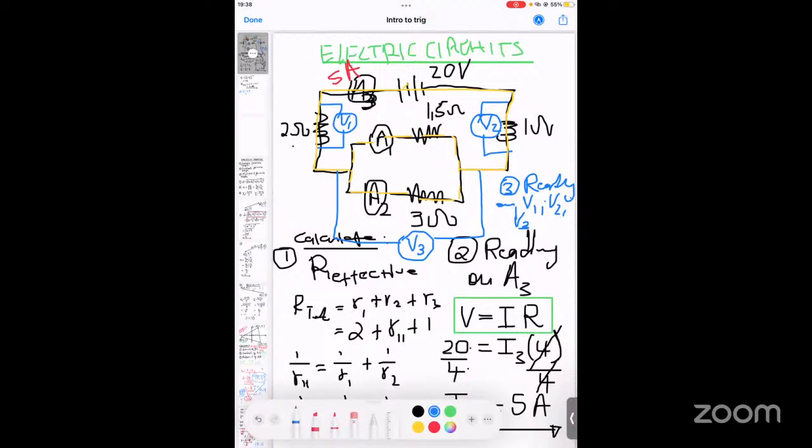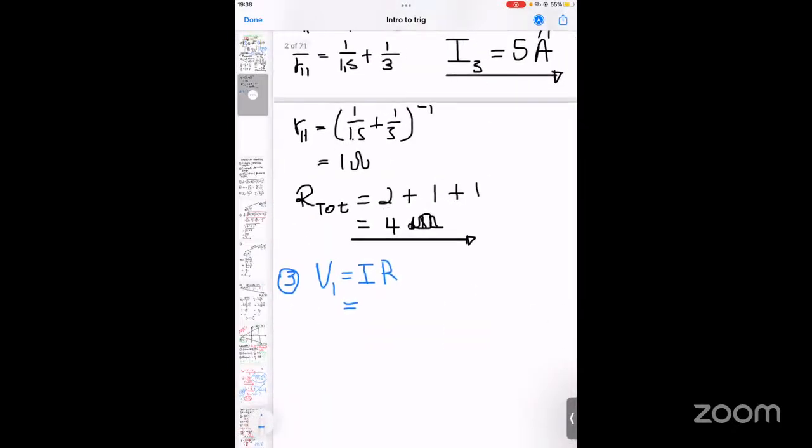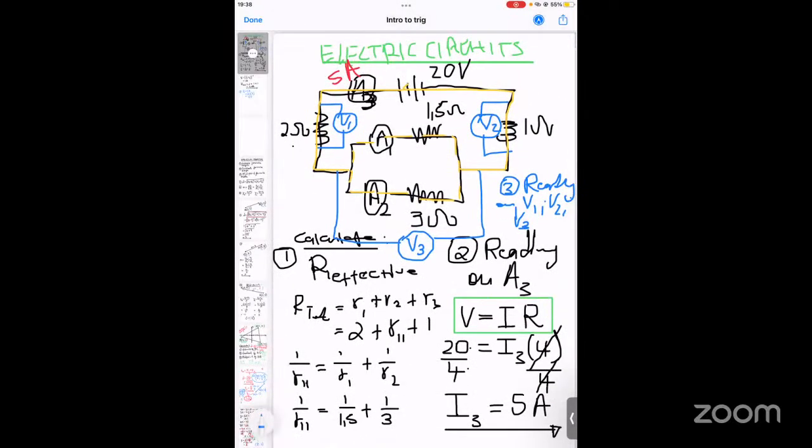So now it means it will be 5 that we multiply by 2, which will be 10 volts. That's where I got the 10 volts for that one.